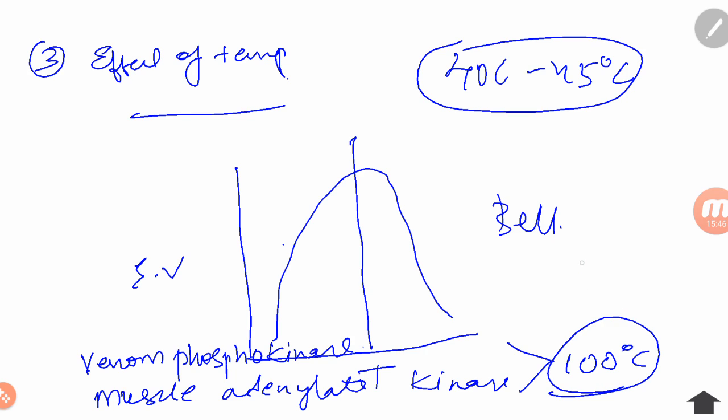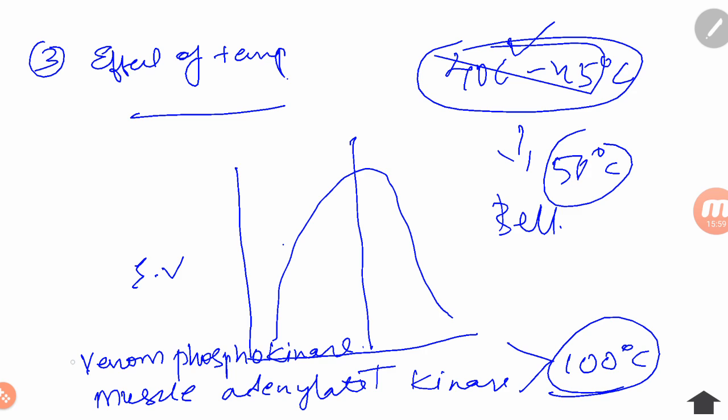So 40 to 45 degrees is the optimum temperature at which the majority of the enzymes are active. When it crosses 50 degrees centigrade, there will be denaturation, but there are a few exceptions. These are the few exceptions you have to make a note of.